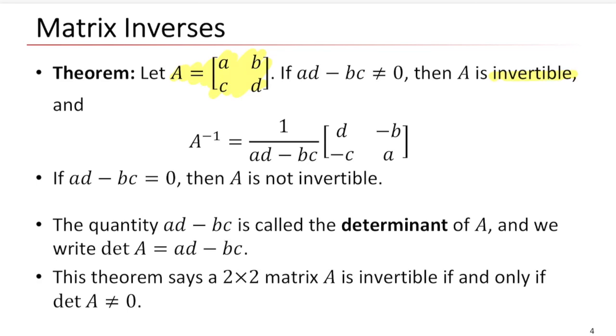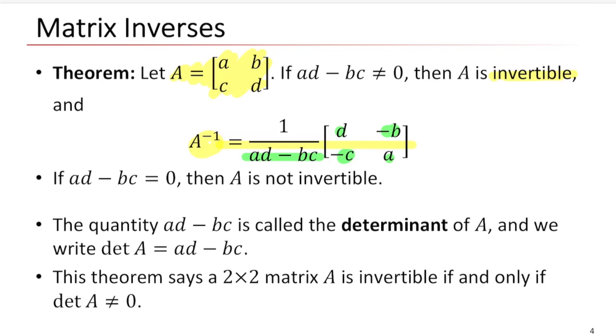If A is invertible, we can represent the inverse of A as 1 over (AD minus BC) times the matrix with D, negative B, negative C, A. I guess all of you already knew about this matrix inverse in the 2 by 2 case.